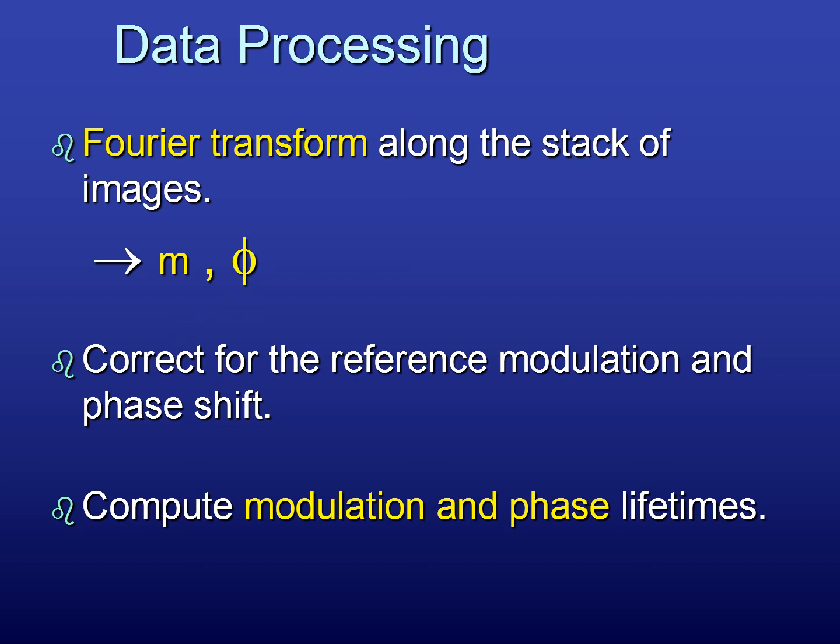And then with the equations that I've already stated, you can calculate tau phase and tau mod. So you're correcting for the reference modulation and phase shift. There are some correction factors to apply, and you compute the modulation and phase lifetimes as described.